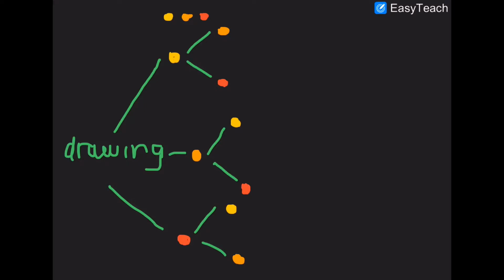If I pick the orange one, I only have one option left, which is the red one. If I have picked the red marble, I only have one left, which is the orange marble. If I pick the yellow one, I have to pick the red one.